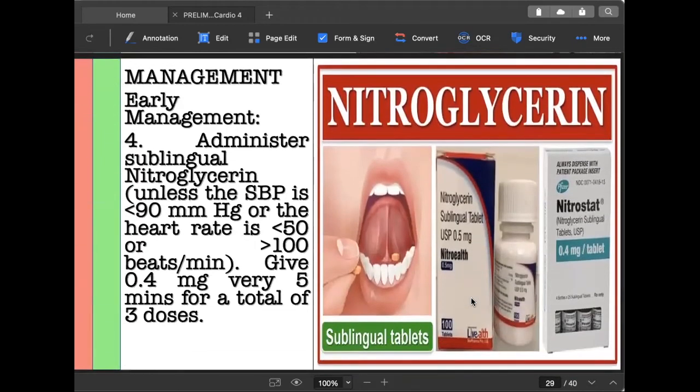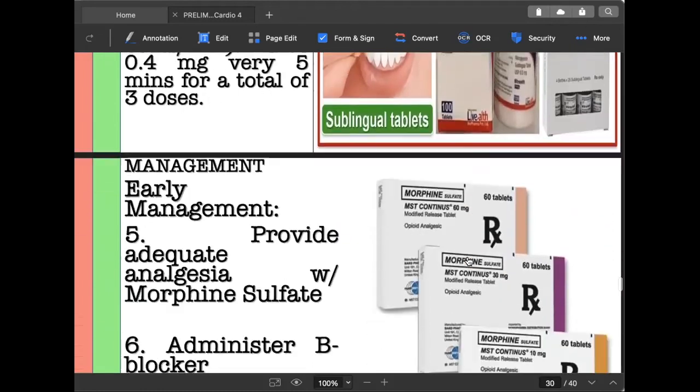Administer sublingual nitroglycerin. This one is to promote vasodilation. Already know these things. It is also for the control of your hypertension and for management of your pulmonary congestion.